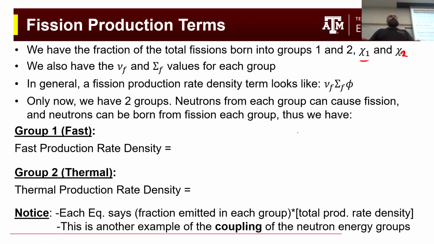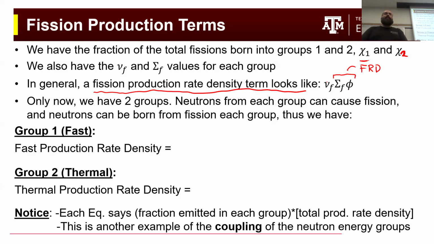When we write a fission production rate density, what would that look like? Cross section times a flux gives me a reaction rate density, and if it's a subscript F, that means it's a fission cross section. So sigma F times the flux is my fission reaction rate density.